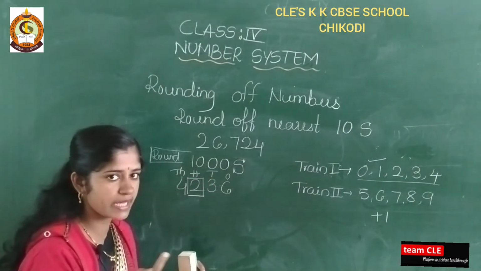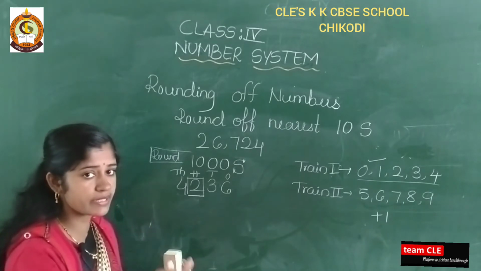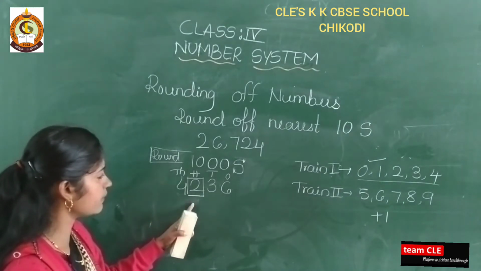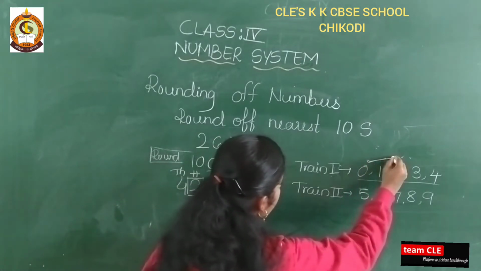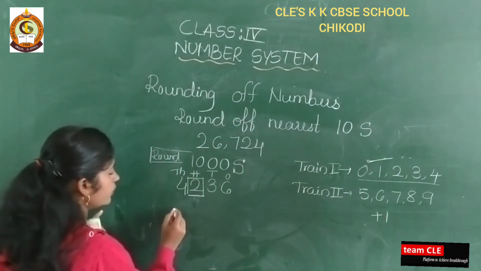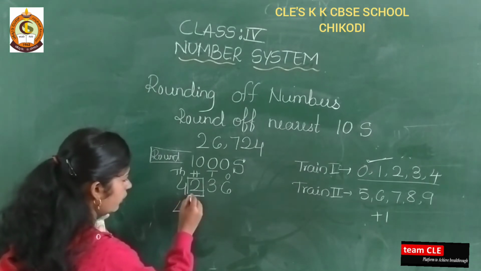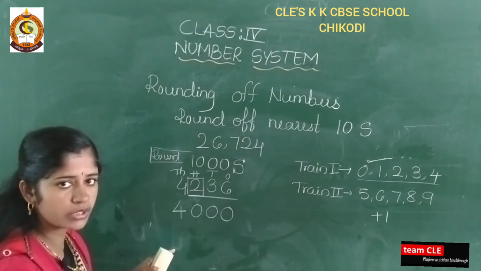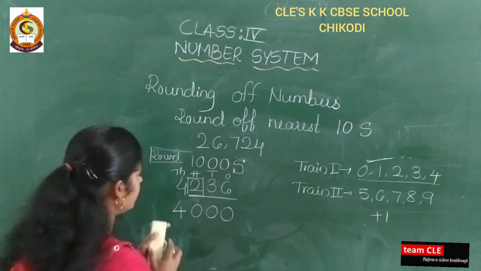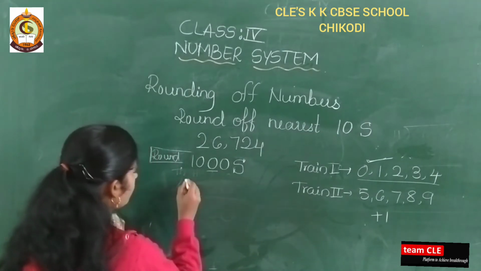See here, tens means ones, hundreds means tens, and thousands means the 100 place. So see here 2 is there in tray number what? 1. Then there is no need to add here 1, right, as it is 4, and all these terms become 0. So 4000.